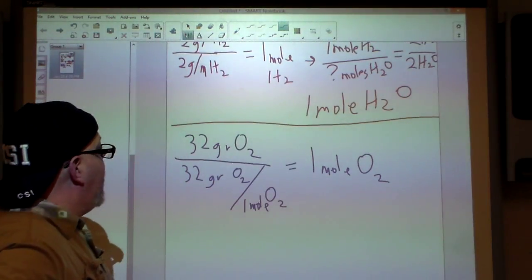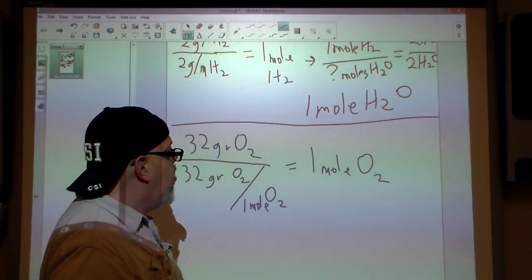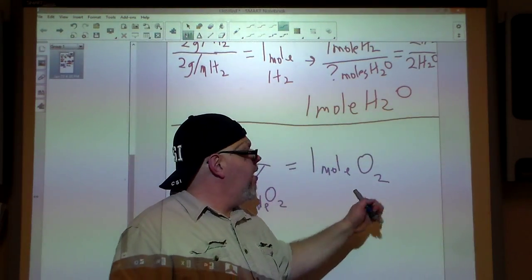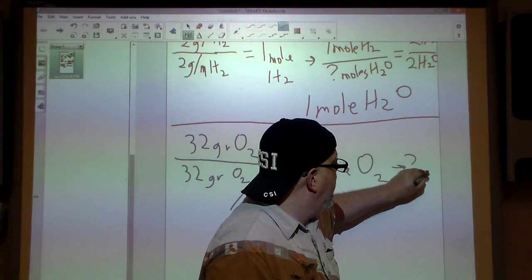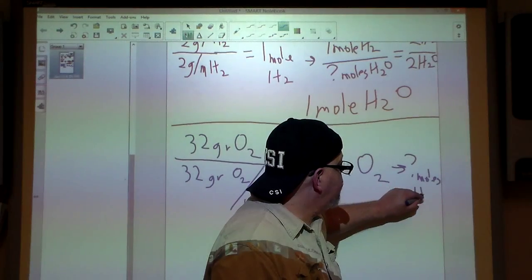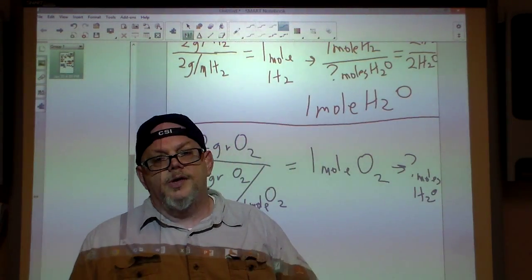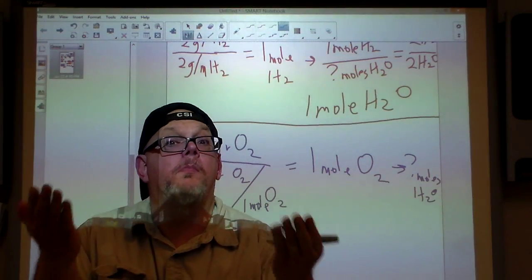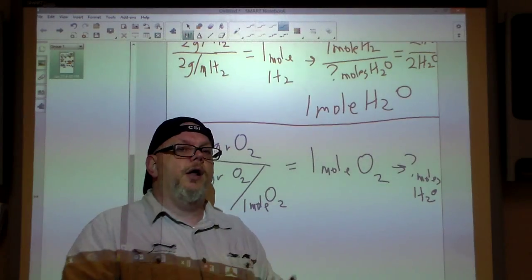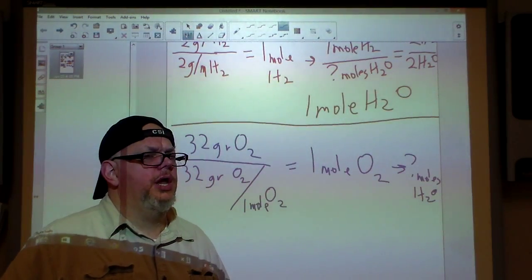Now, let's take a look at this. So now I've got 1 mole of O2. Now I have to figure out how many moles of H2O I am going to get. That's the key thing. Because now we've got this number of oxygen molecules, and we have to figure out how many water molecules we are going to get.